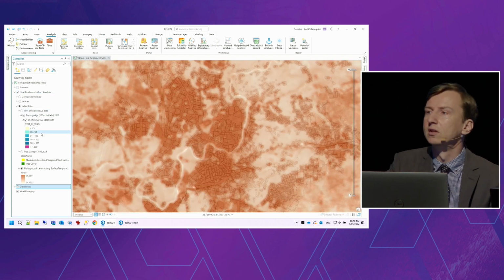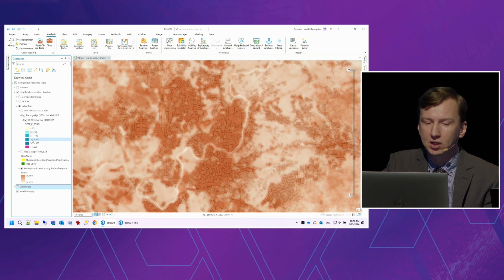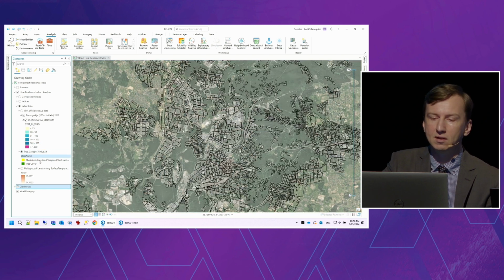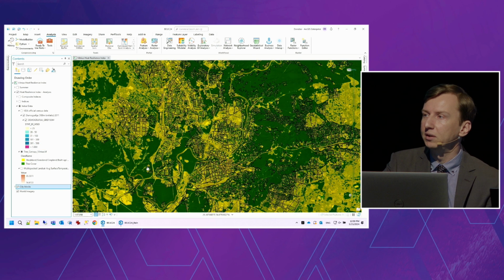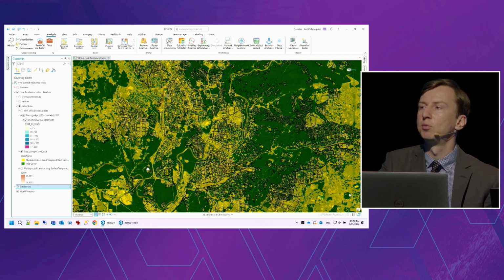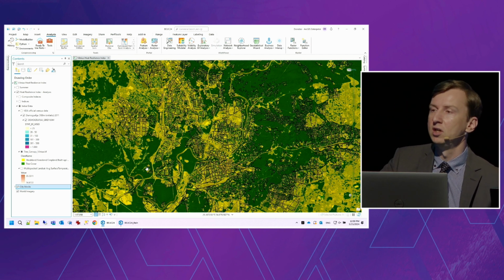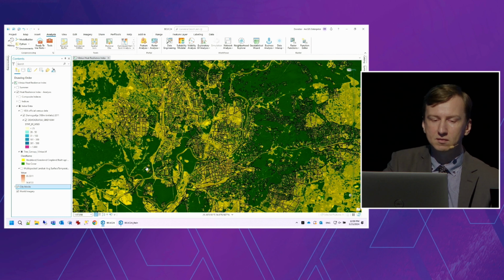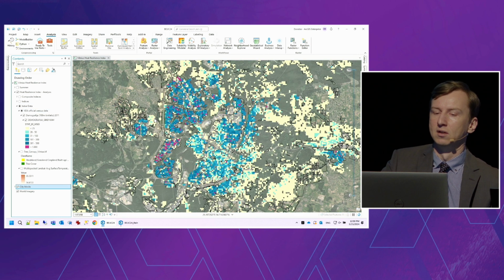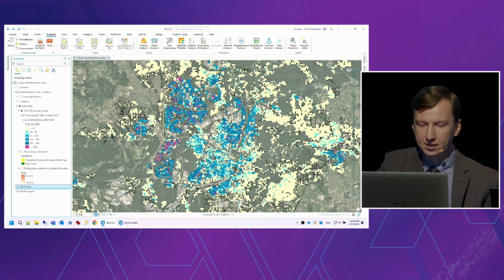I got it from the Living Atlas. And here we have surface temperatures in Vilnius city for summer months. We have the lack of tree canopy in the city, as the trees are actually providing shadows, which help to reduce the temperature. And we also have demographics from the official census data.